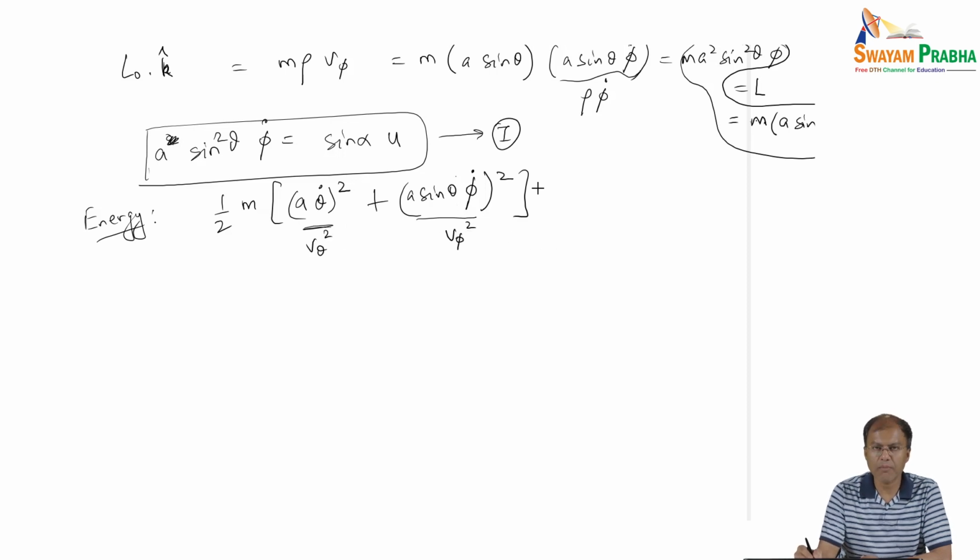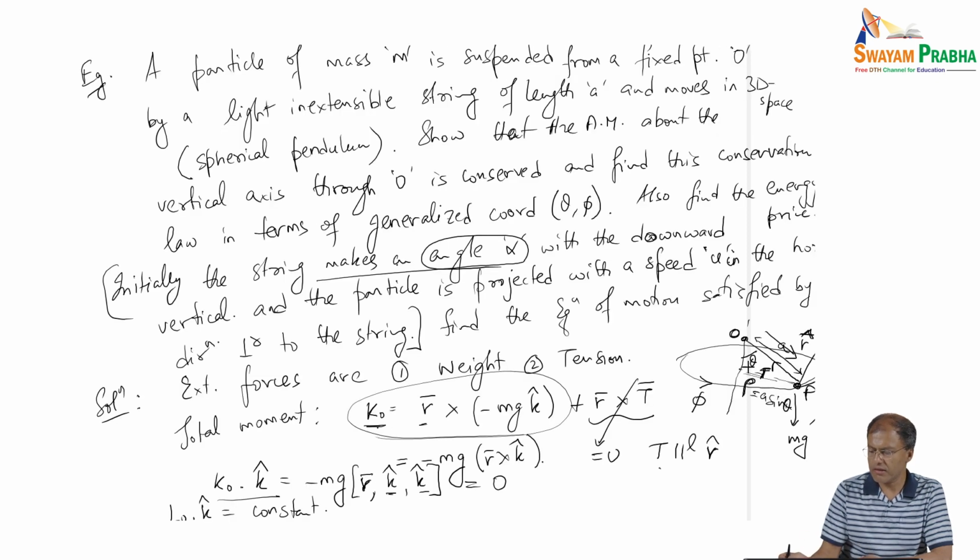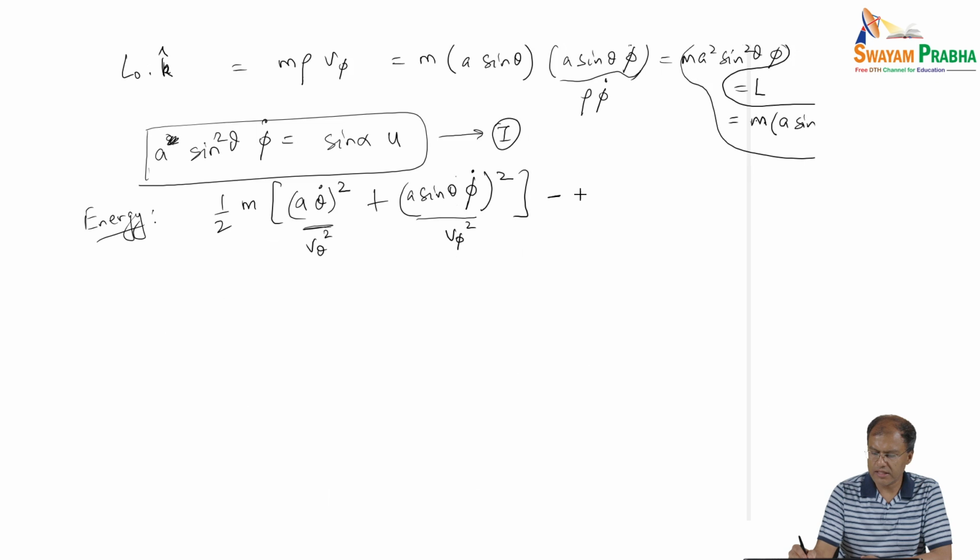And then the potential energy: we need to see how much the mass is below the vertical, below the zero potential base. This vertical distance is a cos theta, so my potential energy is minus mg a cos theta.